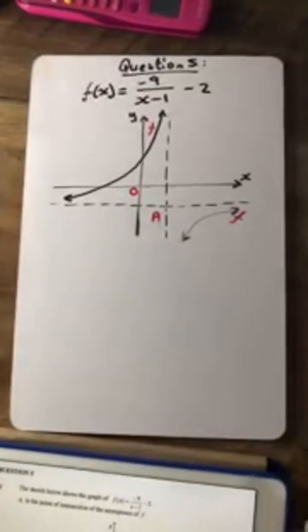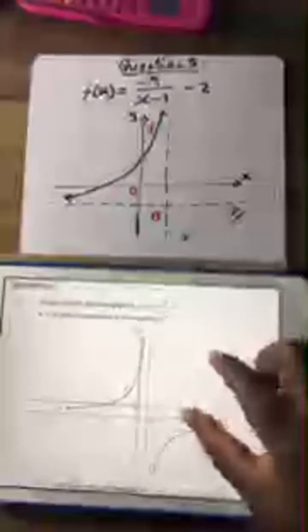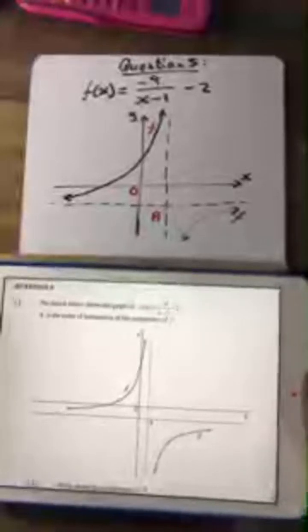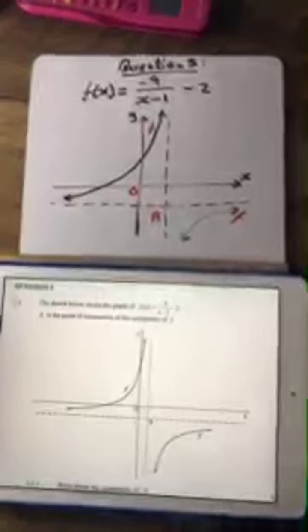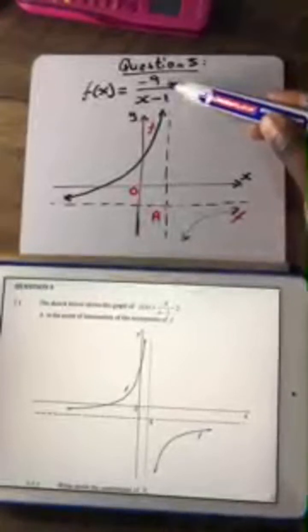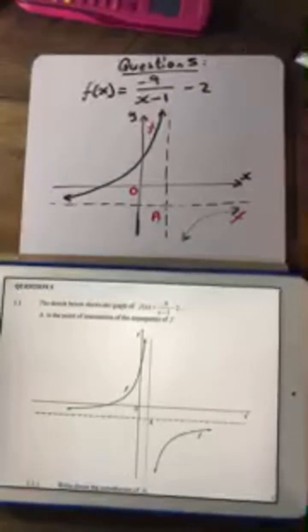So this is what I'm going to do, honorable members. I'm just going to read through the given information, and then we will do a bit of an interpretation of that given diagram, and then answer the questions that follow. Here we are given a sketch which shows the graph of f of x equals -9 over x minus 1, minus 2.